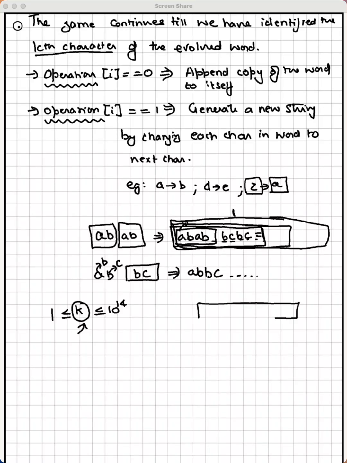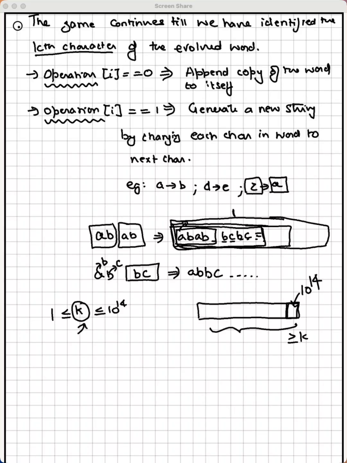So a word has to be of length at least equal to k. And for the sake of this conversation, what we're saying is that we're looking for a word which is of length 10 power 14.